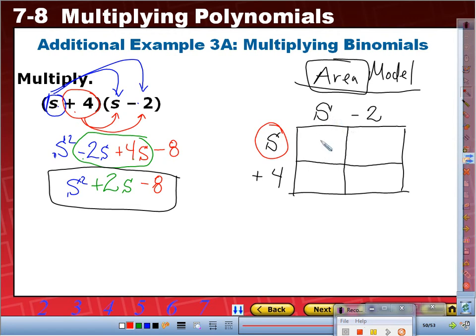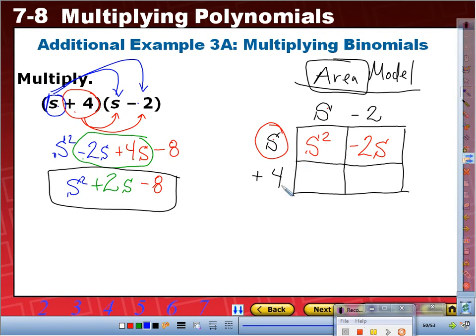So what is the area of this square? What is s times s? S squared. What is the measurement of this little square right here? Negative 2. What is the measurement of the height? S. So what is s times negative 2? Negative 2s. Are we there so far? Okay.